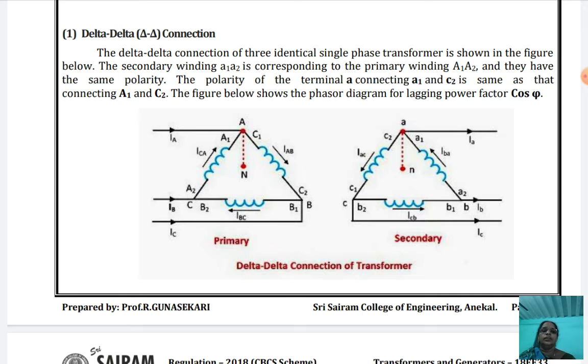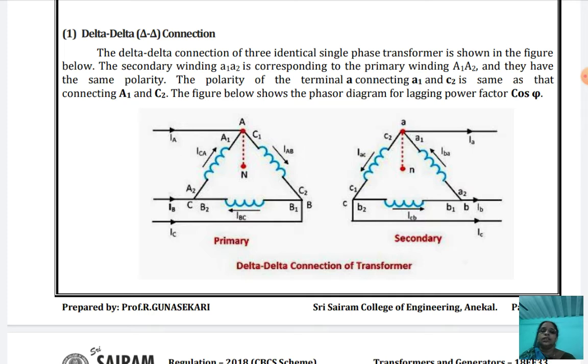Here in the delta connection, the primary winding of the three-phase transformer is labeled by capital letters A, B, C, and the secondary winding of the three-phase transformer is labeled by small letters a, b, c.